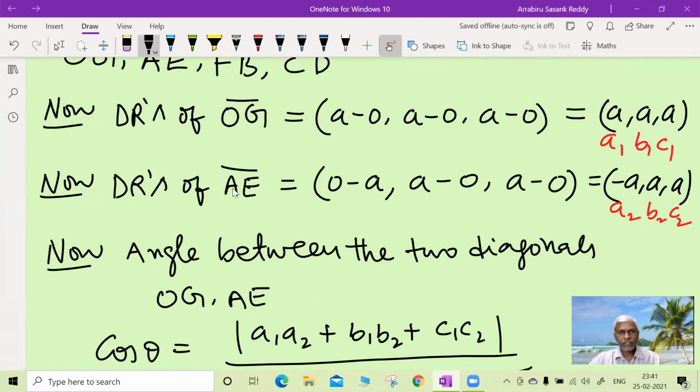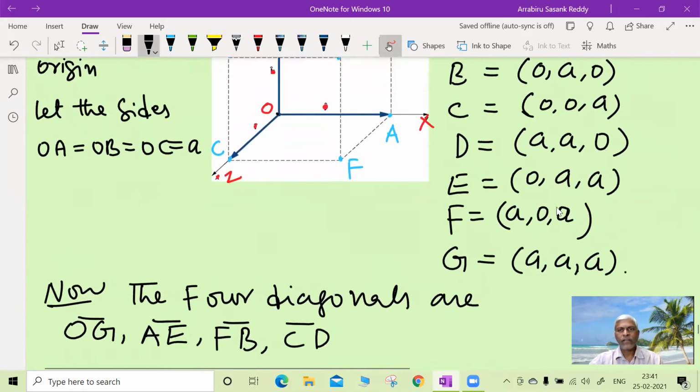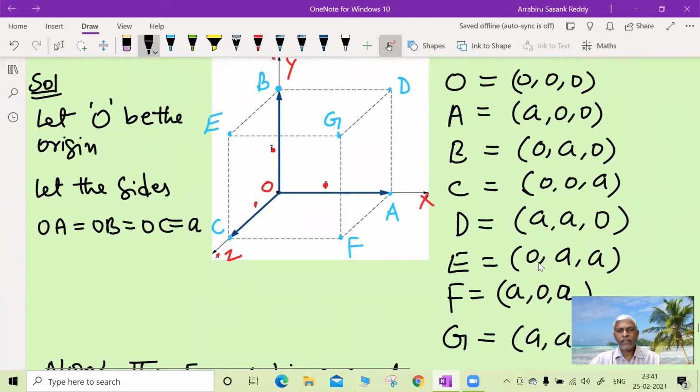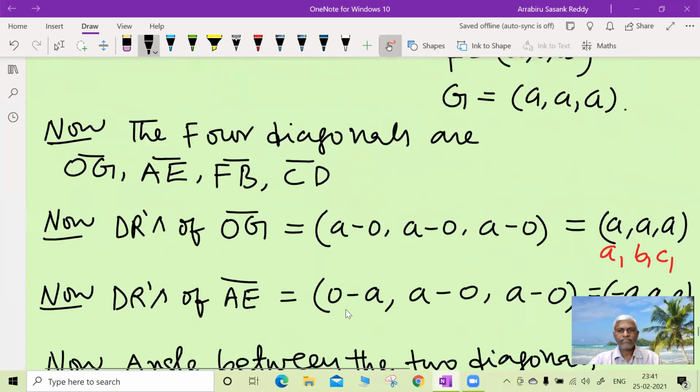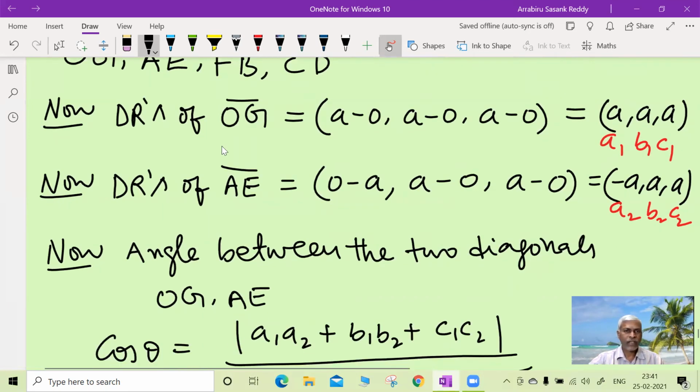A first point, E second point, subtracting x2 minus x1, y2 minus y1, z2 minus z1. Here you can see the points. A is a, 0, 0, E is 0, a, a. So 0 minus a, a minus 0, a minus 0. So I am taking only two diagonals, OG and AE.